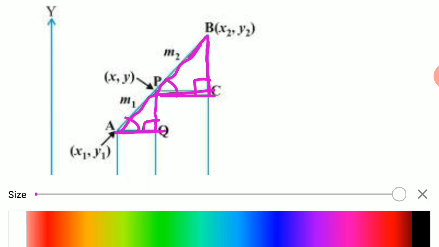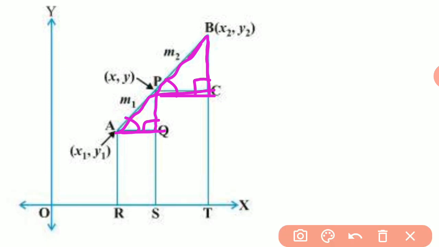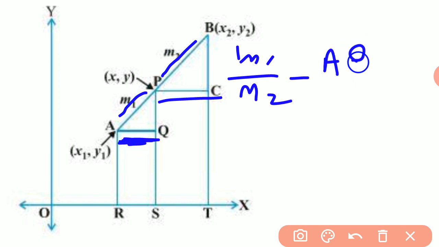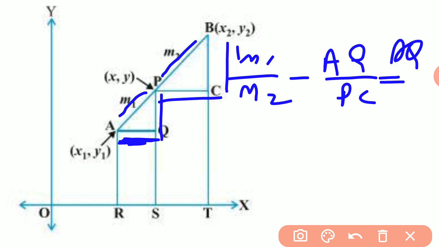So we can write, when these two triangles are similar, the ratio of this to this, that is m1 upon m2, equals the ratio of this to this. We will find the value of this, that is AQ by PC equals this perpendicular upon this perpendicular, PQ by BC.